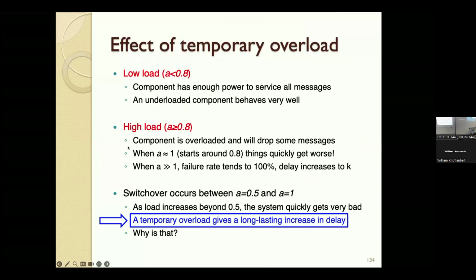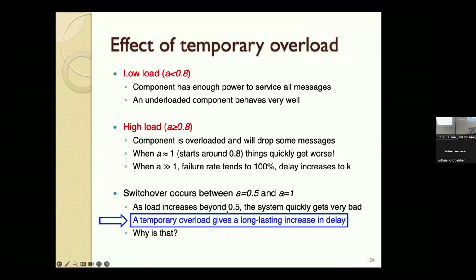So when you start approaching 1, things get very bad. And when the load is much higher than 1, the failure rate will tend to 100%, okay? But in a very predictable way, which I will show you, the delay increases to K, which is the buffer size. So the switchover occurs somewhere between 0.5 and 1 load.